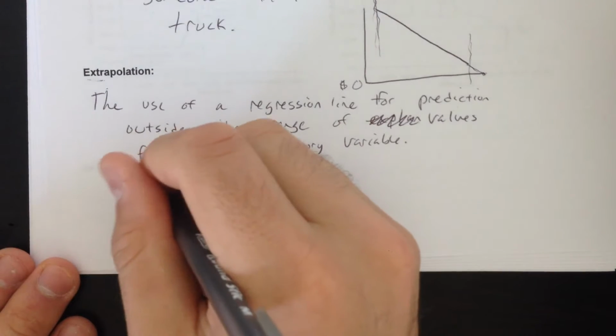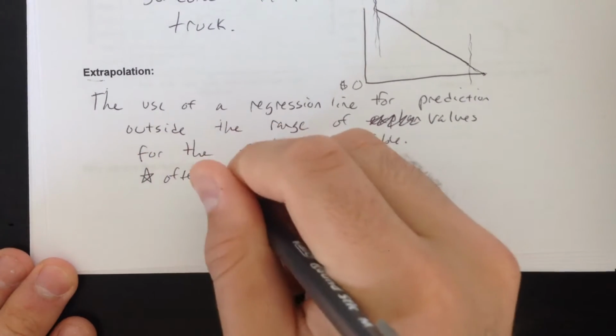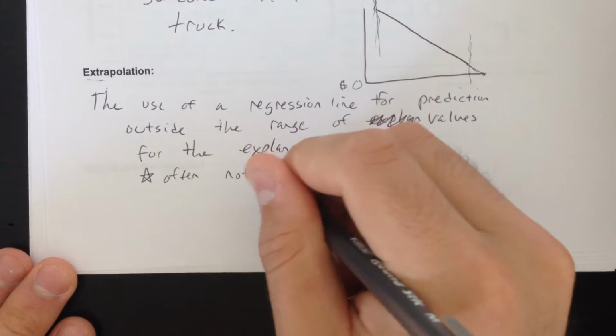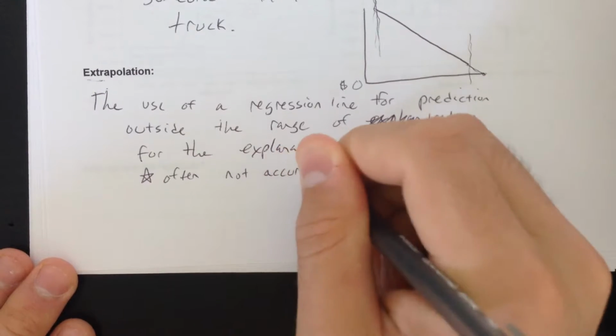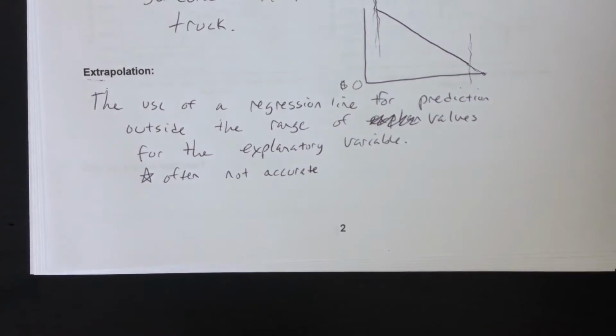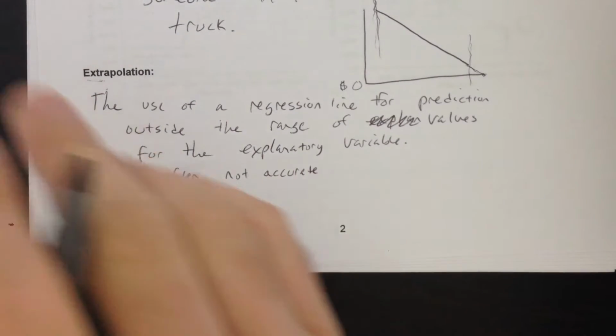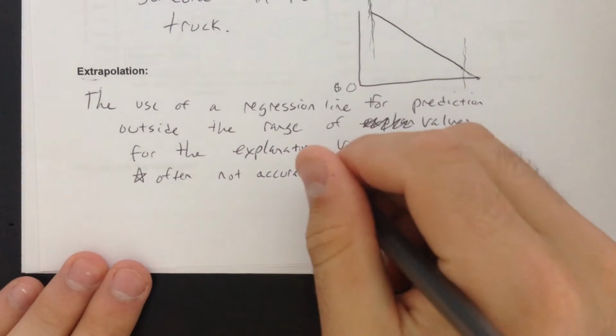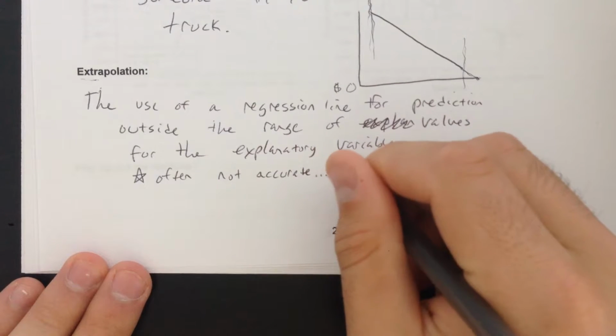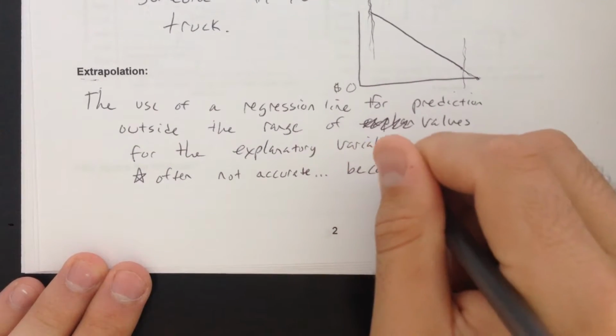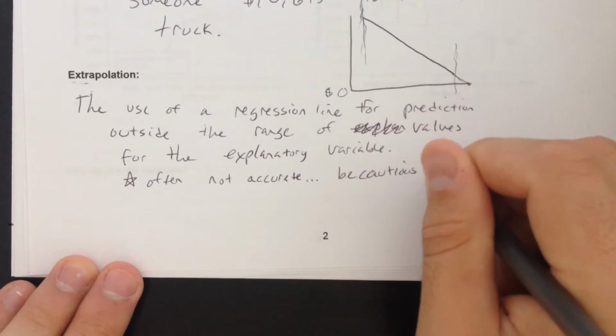We're going to put down here: often not accurate. That's because we're using a model to predict something. Many people make predictions too far out where they should, so it ends up being not that accurate when it comes time to actually test it. But they can be a useful tool, so don't take the "often not accurate" statement as something you shouldn't be using. It's just be cautious when making predictions.